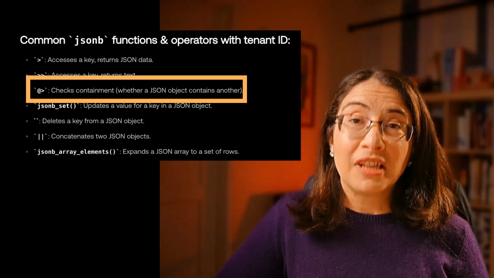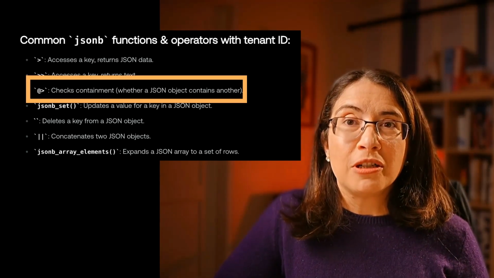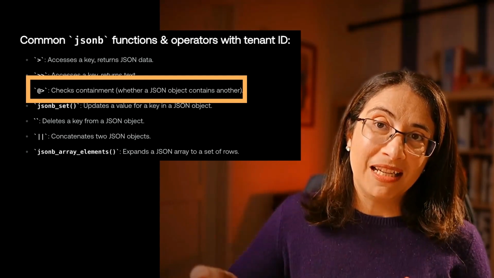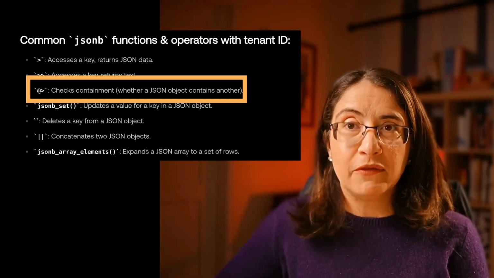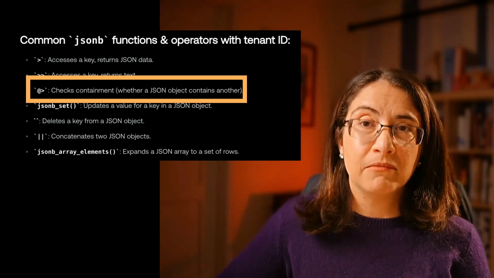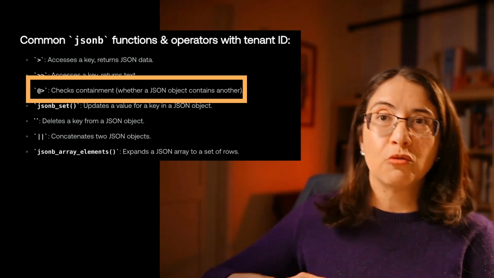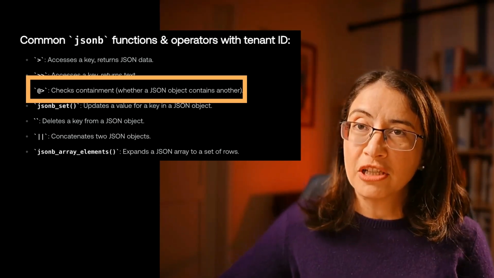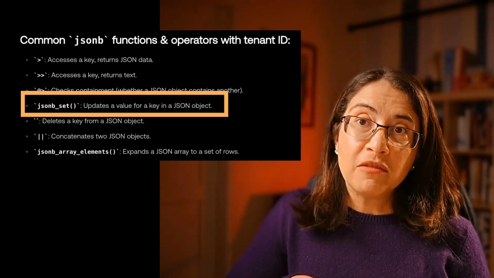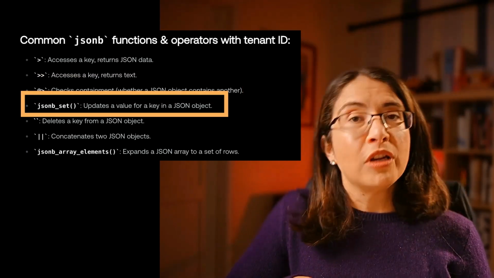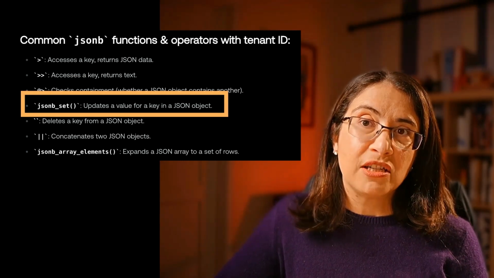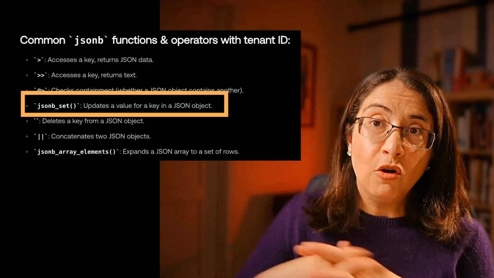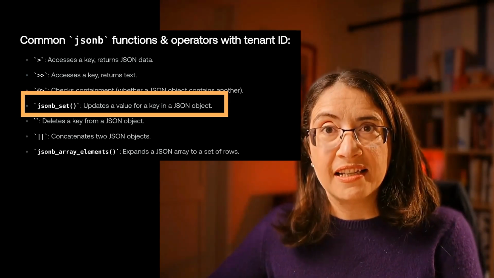We learned about the containment operator, which lets you search that the JSON includes a specific key and a specific value, or several of them. Just make sure that this object is included as a subset in this other object. And we learned about JSONB set, which lets you update the JSON, either add a new key or update the value of an existing key.